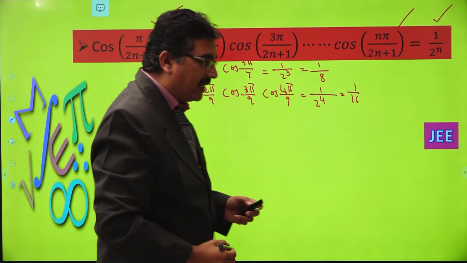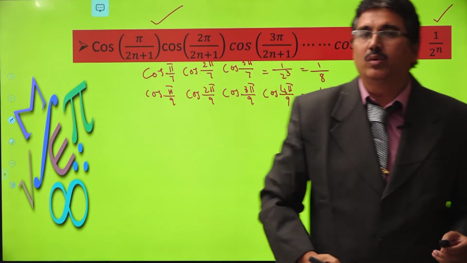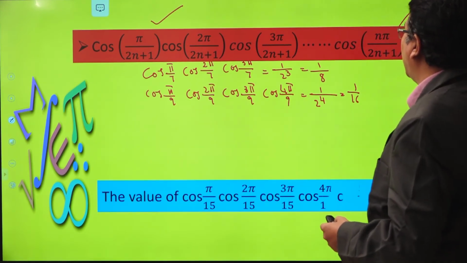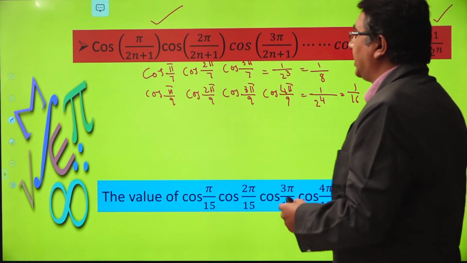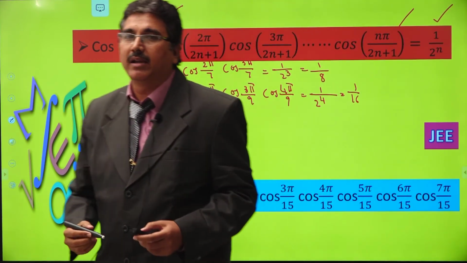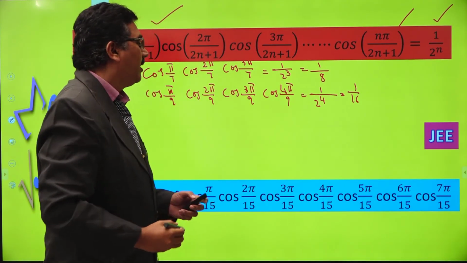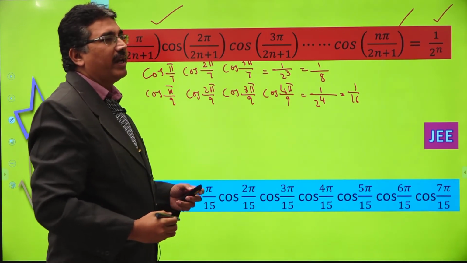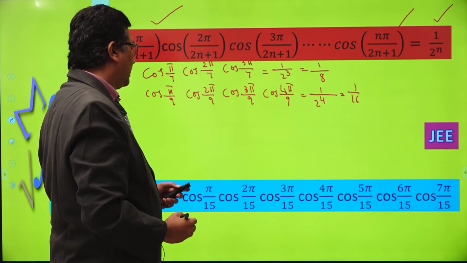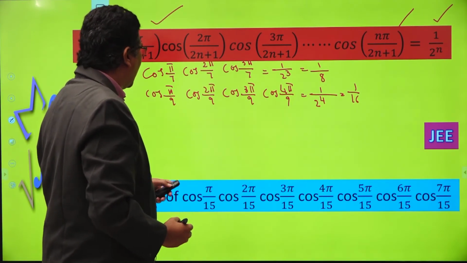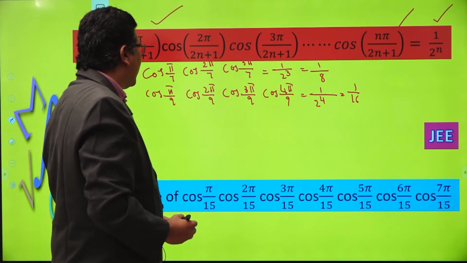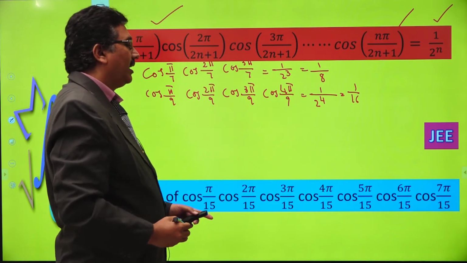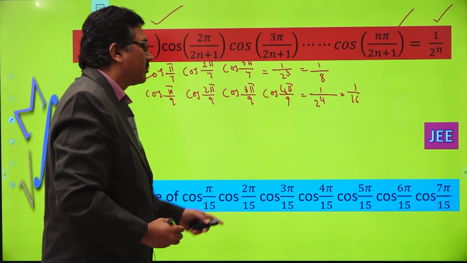See another example related to this formula. The value of cos pi by 15, cos 2 pi by 15, cos 3 pi by 15 and so on, cos 7 pi by 15, right. So here also the angles are of the form pi by 2n plus 1.